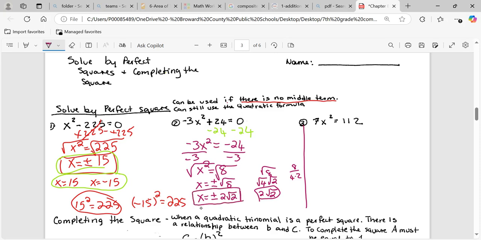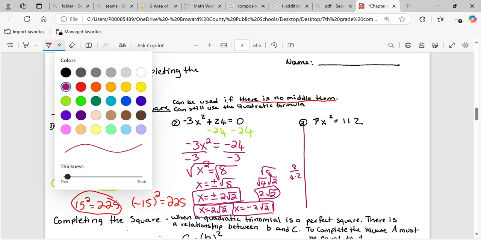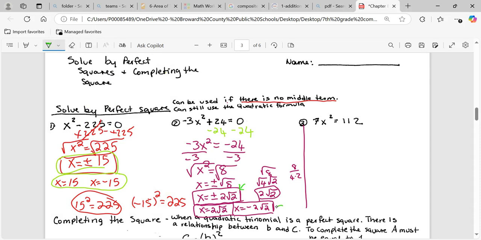And that means your x is equal to 2 square root of 2, and your x is equal to negative 2 square root of 2. Those are all viable answers. So you could see it like that, or you could see it like that. Go ahead and pause and try number 3 on your own.